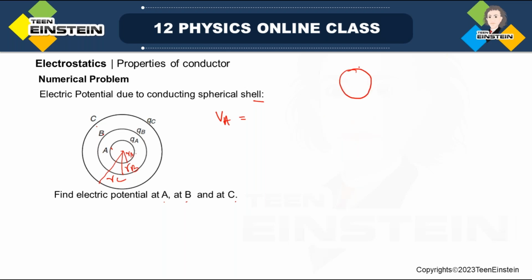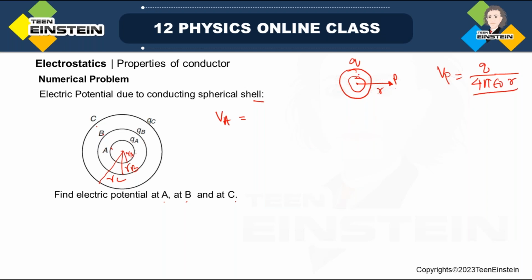When you have conducting cell, electric potential at any point outside, suppose this is R, and suppose it has charge Q. So suppose this is point P. So Vp will be Q by 4 pi epsilon naught R. Doesn't matter. That's all.